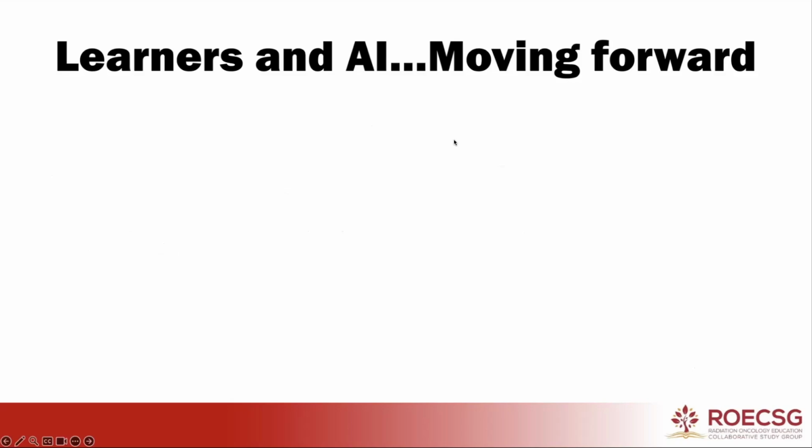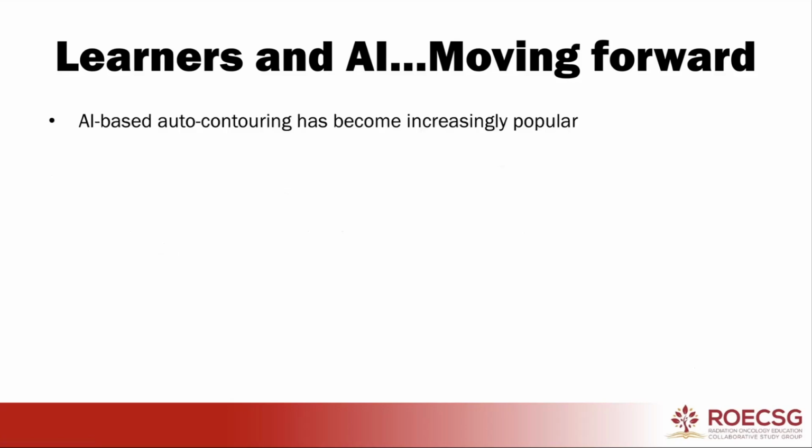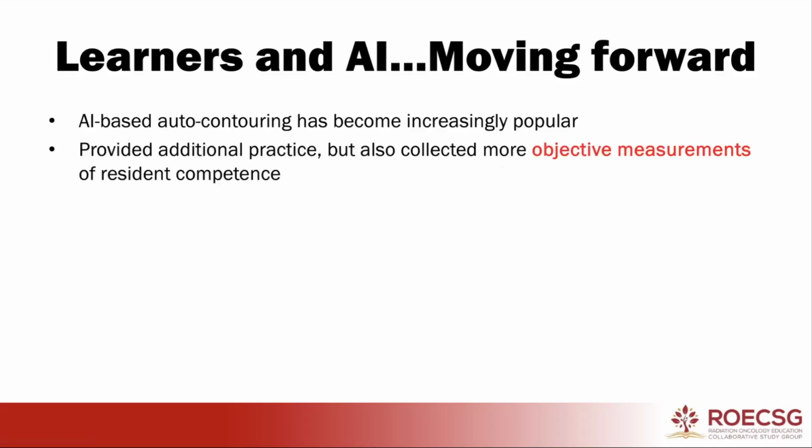So putting everything together, learners and AI is such a hot topic and moving forward, where does this take us? AI-based auto contouring is increasingly popular. Where are we going with it?